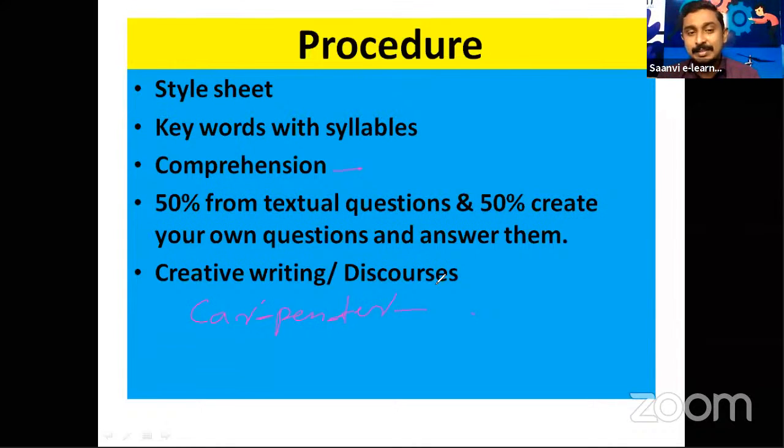It all depends. Most probably you may get 1, 2, 3 discourses. And if you are not thorough with the discourses, I'll explain clearly how a discourse should be written. Indicators, I hope, do you all know indicators of each discourse?